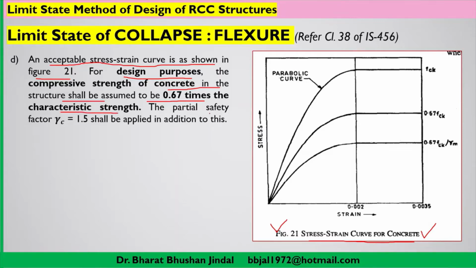You may remember during the preliminary lectures on concrete technology, we used this parameter 0.67 earlier. So if you find any difficulty, you can go through the previous lectures also. And the partial safety factor gamma C, we will be taking as 1.5. That will be applied in addition to this.